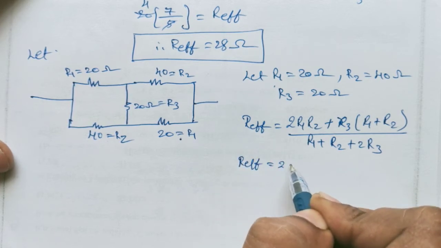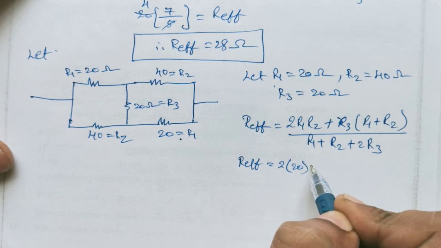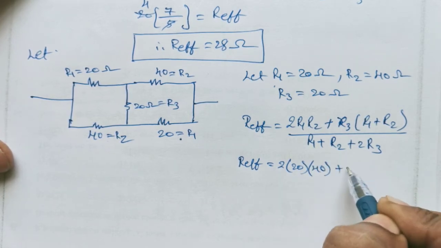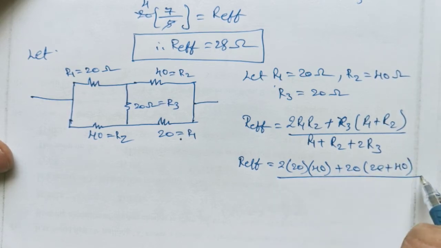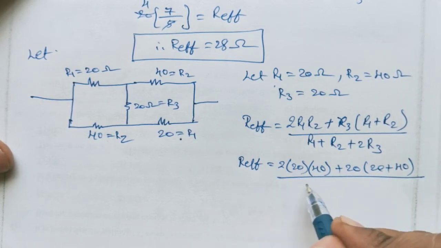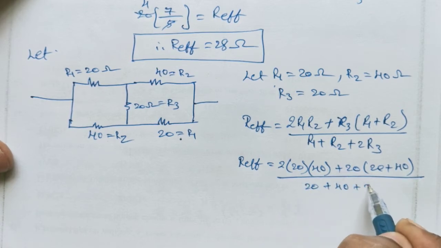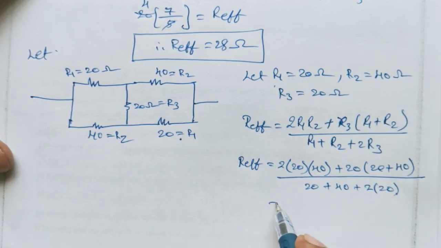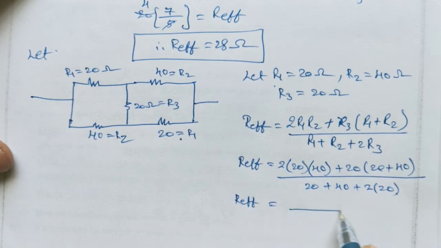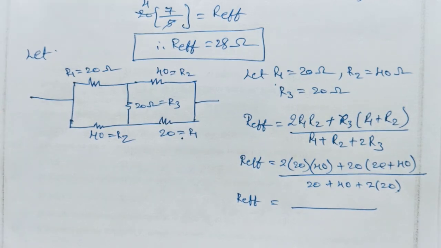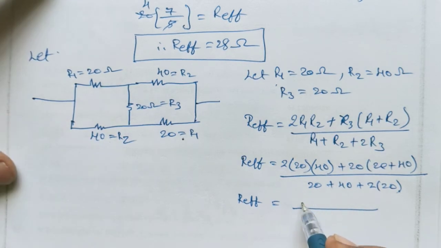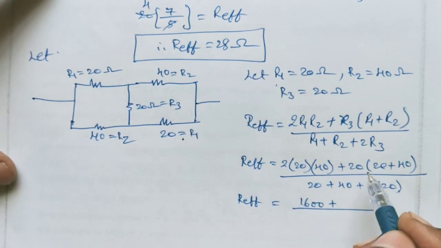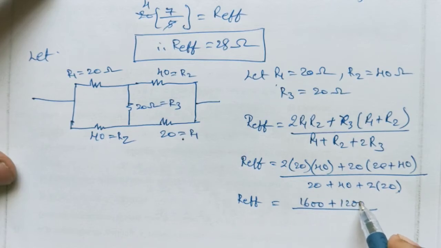R effective is equal to 2 into R1 value 20, R2 value 40, plus 20 into here 20 plus 40, all divided by R1 plus R2 plus 2R3, that is 20 plus 40 plus 2 into 20. So observe here, R effective is equal to numerator: 2 into 20 means 40, 40 into 40 means 1600 we are getting here. 20 into 60 means 1200 we are getting.